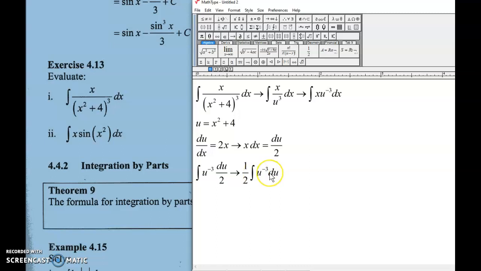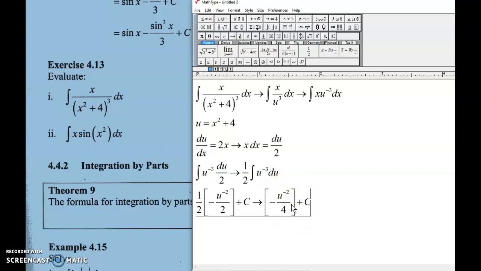So the next thing to do is just to integrate this function. Negative 3 plus 1, you will get negative 2. So over the power negative 2. We have moved the constant outside, and then we multiply to get this. This is the function after integration.